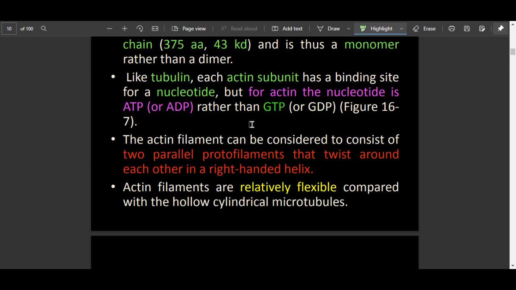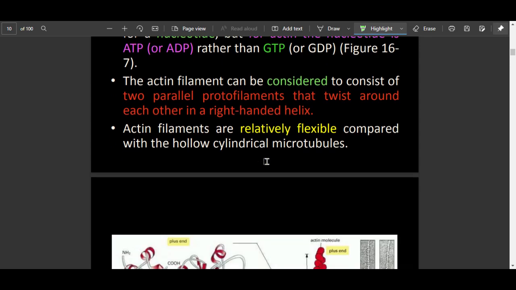An actin filament is considered to consist of two parallel protofilaments, whereas microtubules consist of 13 protofilaments. The two protofilaments twist around each other in a right-handed helix.